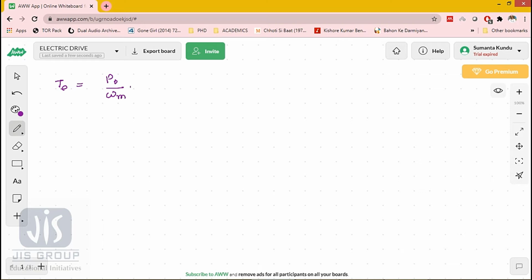So what will it become? P naught was 3 IR square RR into (1 minus S) by S, and there will be an omega m. So Te equals 3 by omega m times IR square RR (1 minus S) by S. So this is my torque.